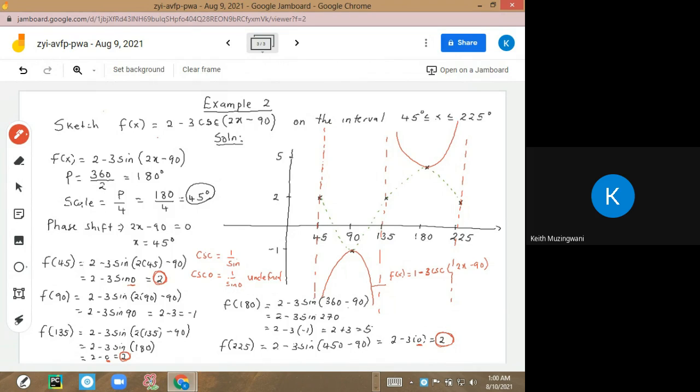So the good part of this method of sketching is that you don't get to be bothered about the vertical asymptote, the amplitude. The method takes care of everything. So even if you don't know how to use the vertical asymptote, you still get this correct.